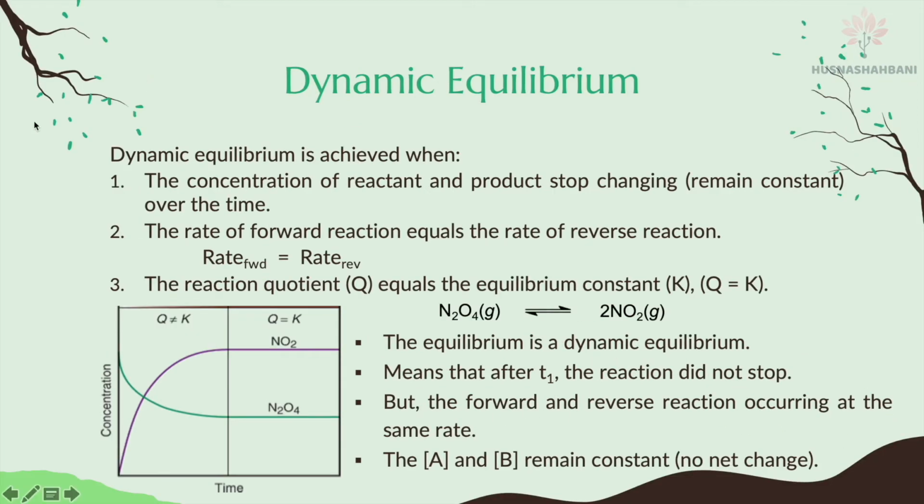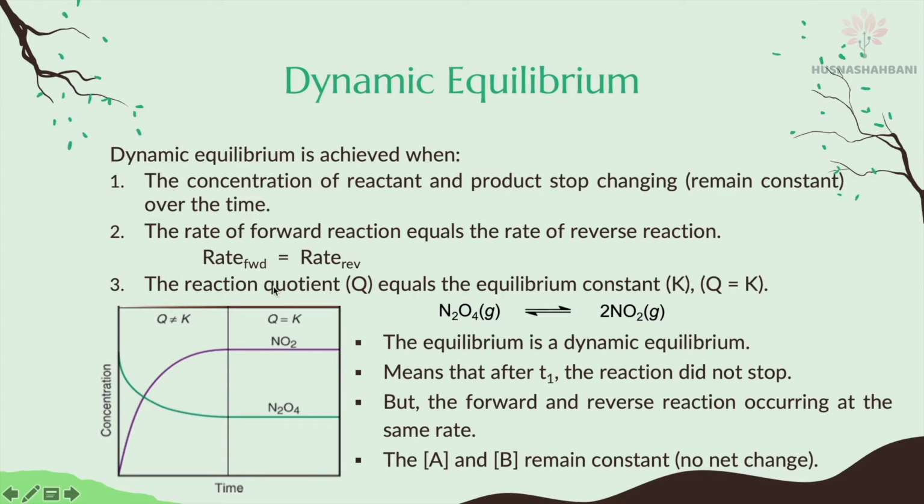Dynamic equilibrium is achieved when, first, the concentrations of reactant and product stop changing or remain constant over time. Second, the rate of forward reaction is equal to the rate of reverse reaction. This is the rate of the reaction; the rate of forward reaction equals the rate of reverse reaction.